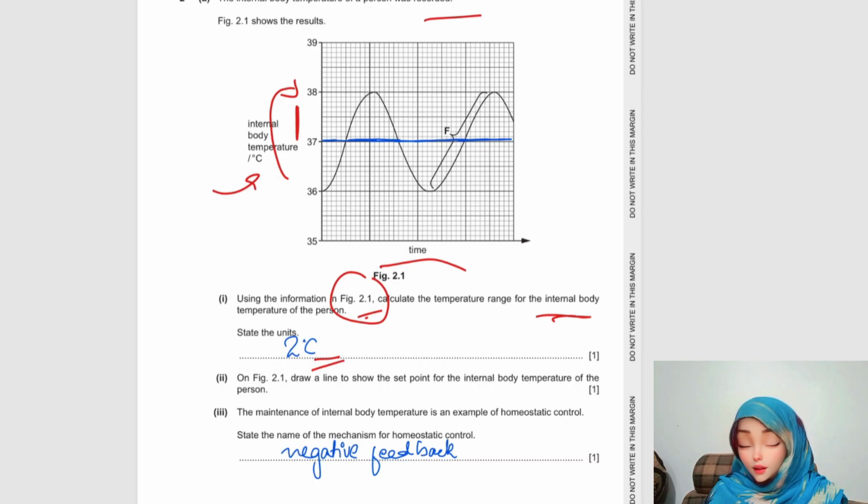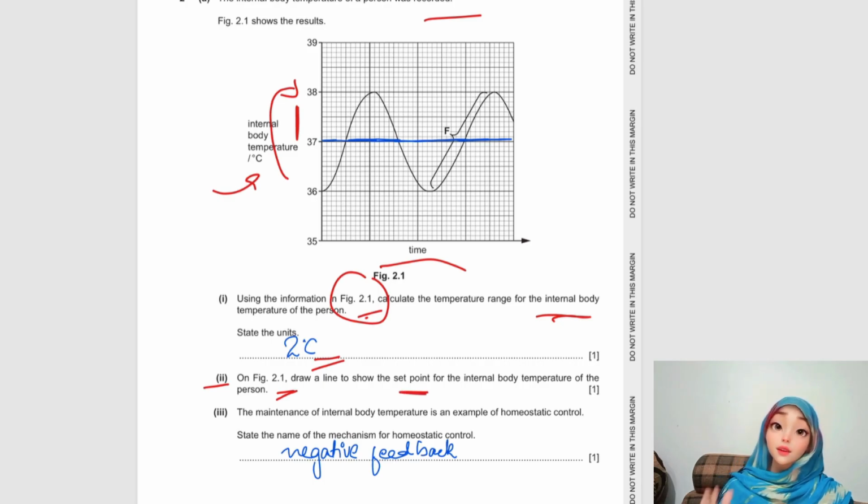Okay, now let's move on to the other part of figure 2.1. Draw a line to show the set point for internal body temperature, and it's also so simple. This paper of 2025 February March is also super easy. It's easy peasy.